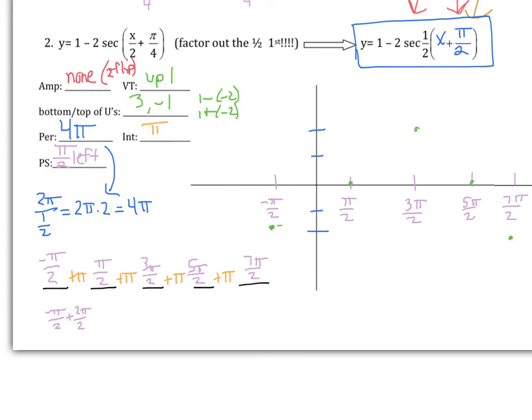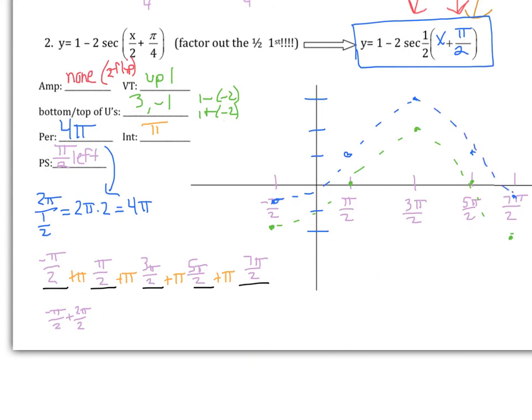Okay, this is my base graph for cosine, but I still have to account for my vertical translation, which was up 1. So when I do that, and I move each point up 1, this is my translated cosine graph.